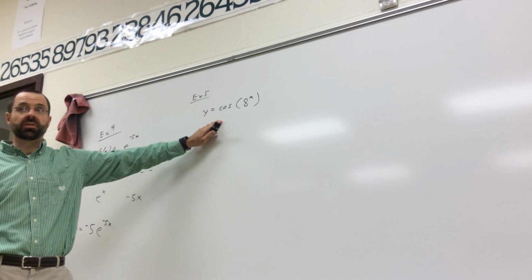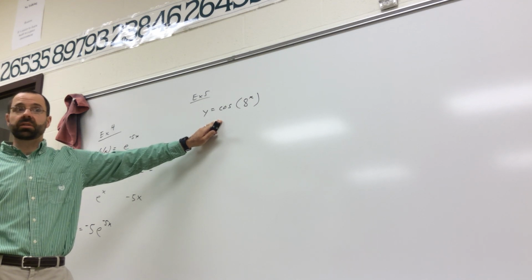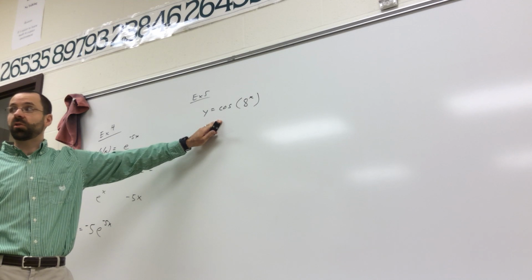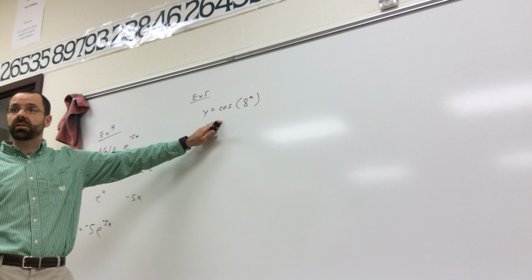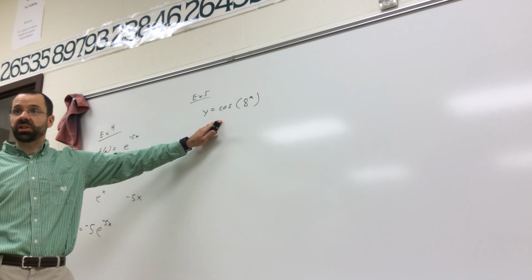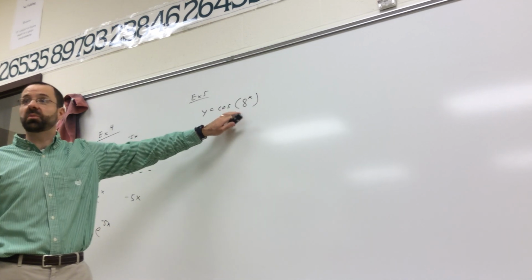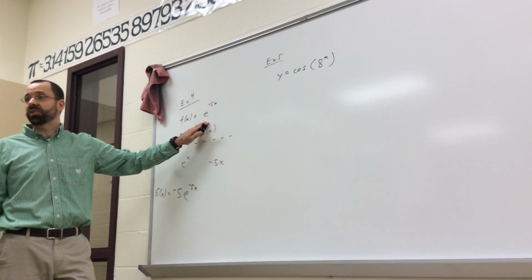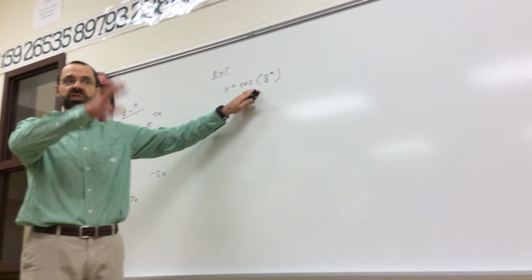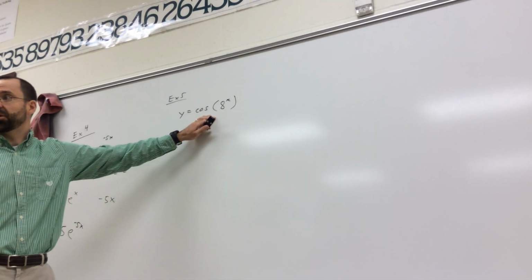It's a composition, good. What's the outside function? Cosine, right? What's the inside function? 8 to the x is getting plugged into cosine. People are more comfortable with this being a composition than they are with this, because this looks a little different than what we've seen before. But we've seen stuff like this before, cosine with a bunch of junk inside of it, right?